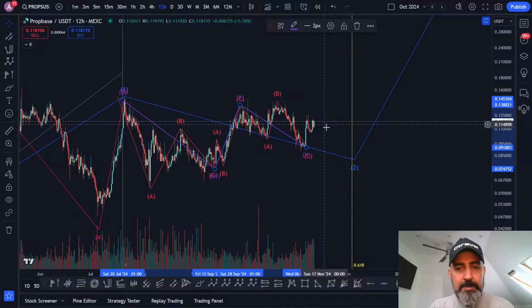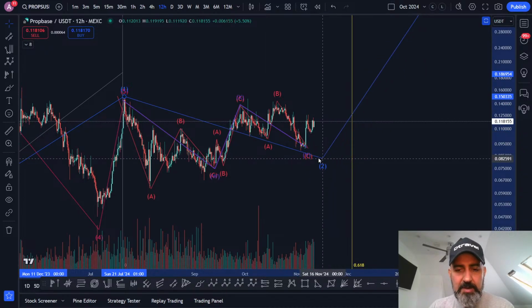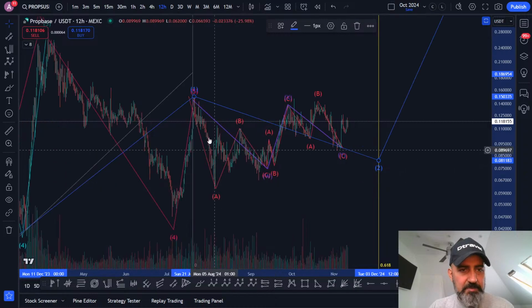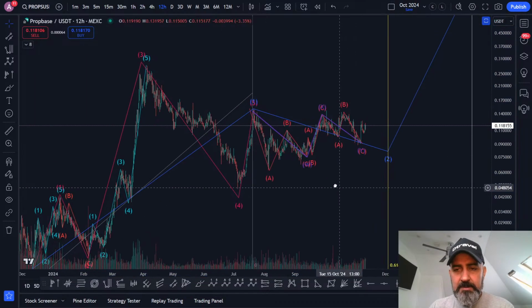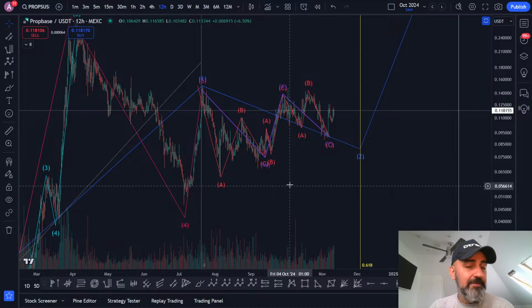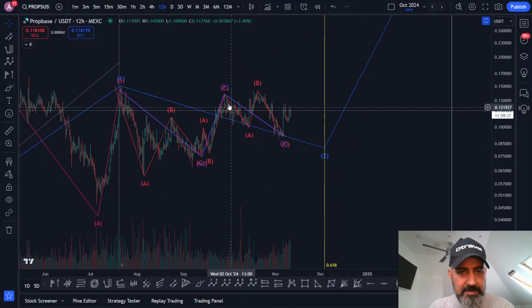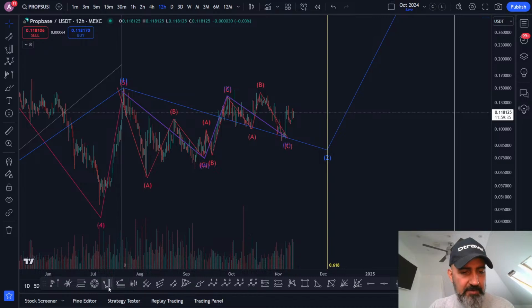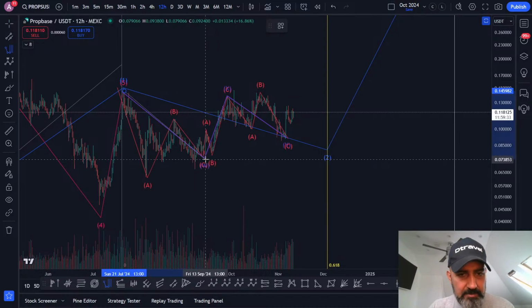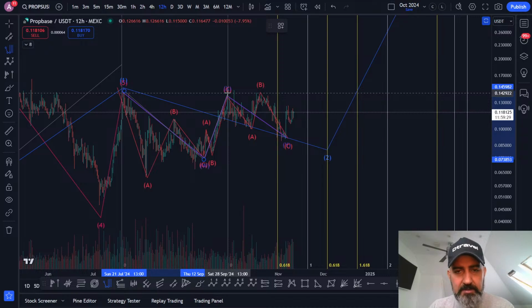It's possible that this is there, but the fib time would bring us here just based on this pivot. And you don't really know until it happens. Does that make sense? This is possible. And then if I do fib time here, let's say to there, to there.